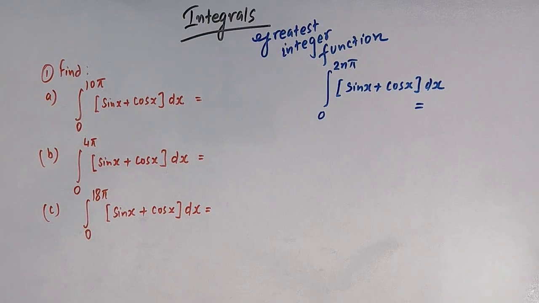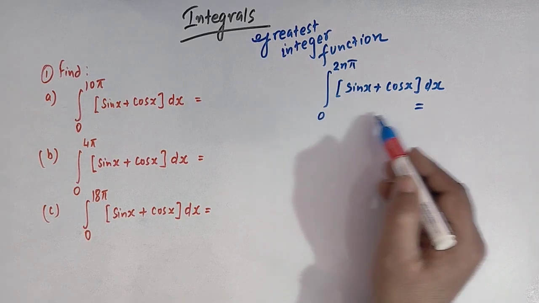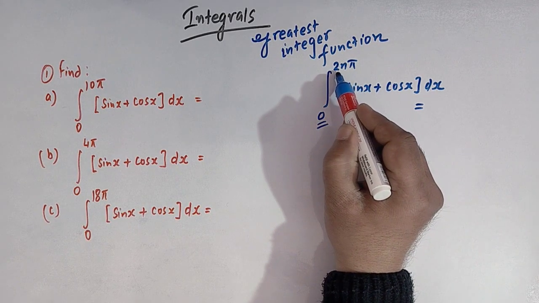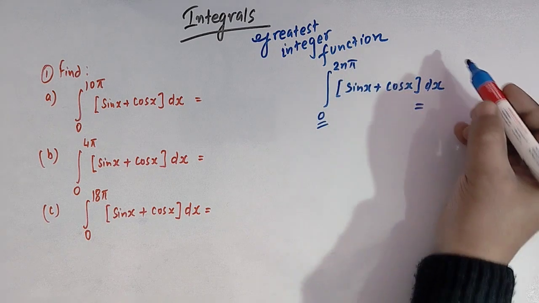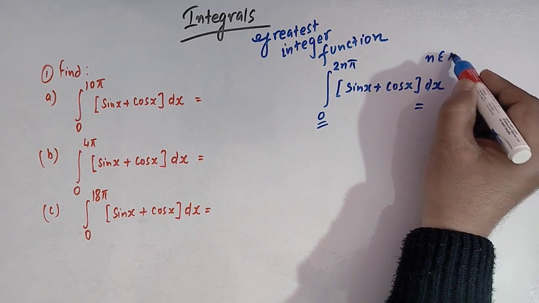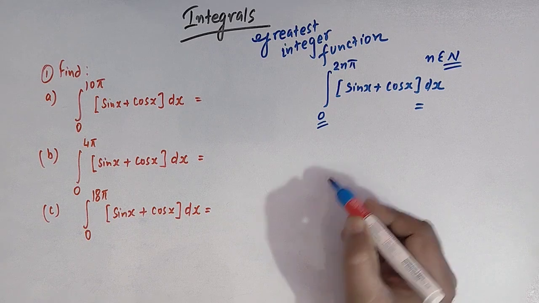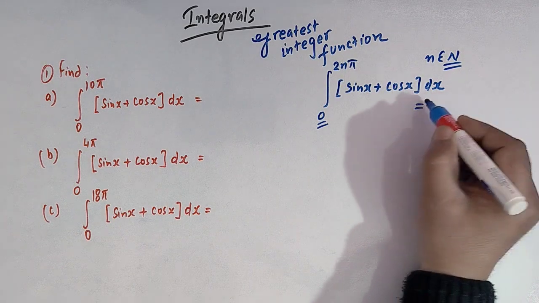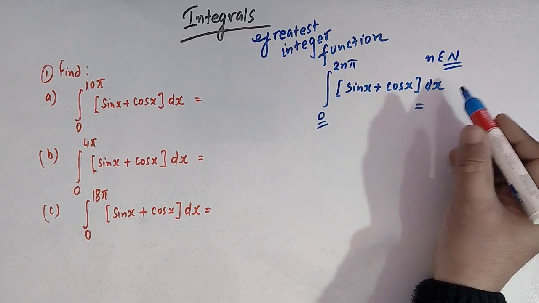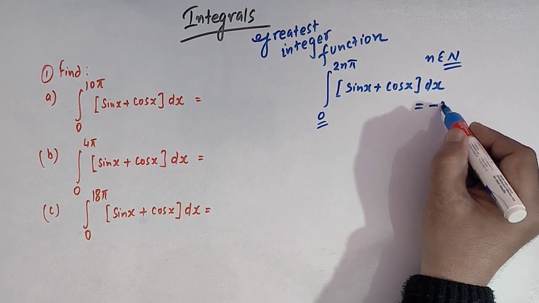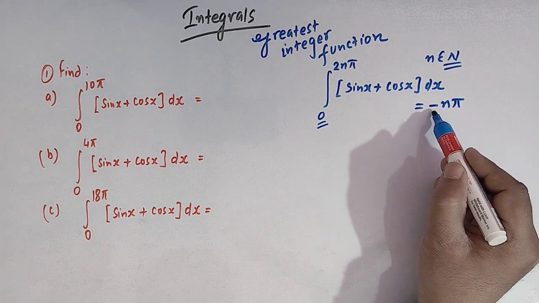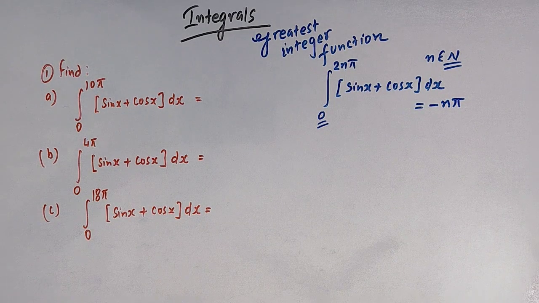The value of this type of integral, when the lower limit is 0 and the upper limit is of the form 2n pi, where n belongs to the set of natural numbers, and the integrand is the greatest integer of sine x plus cos x, we can write the direct result as negative of n pi. So the value of this integral is negative of n pi.